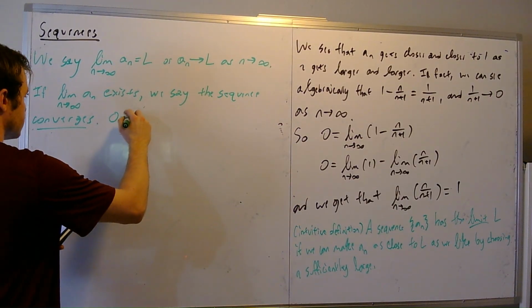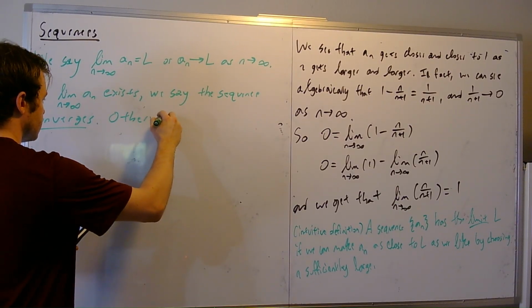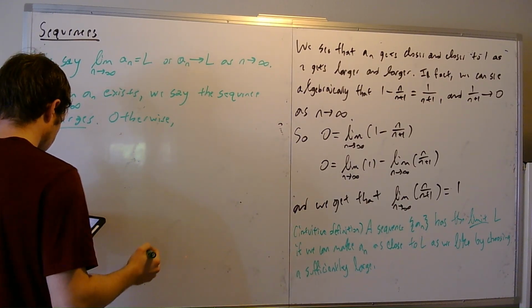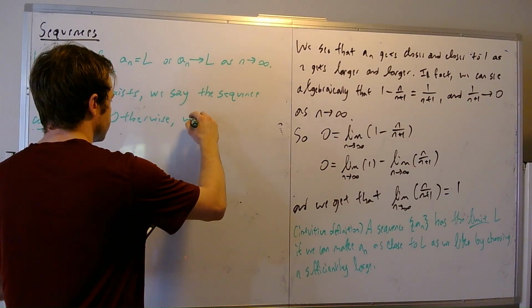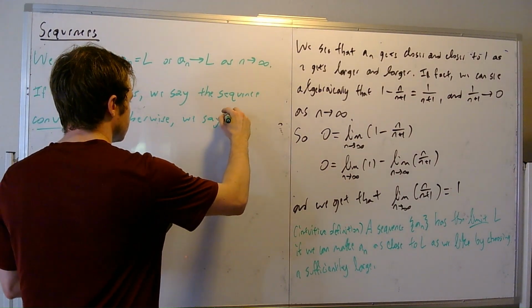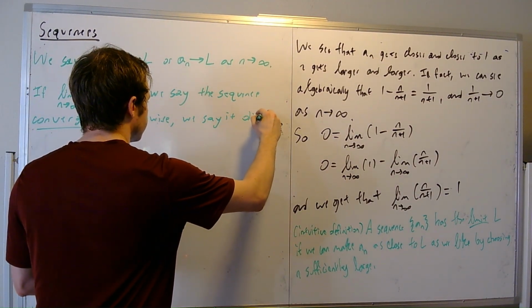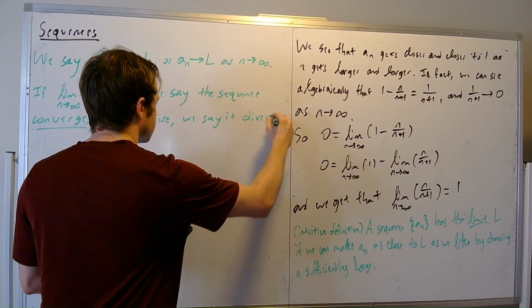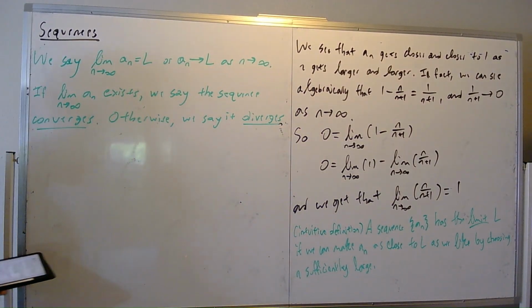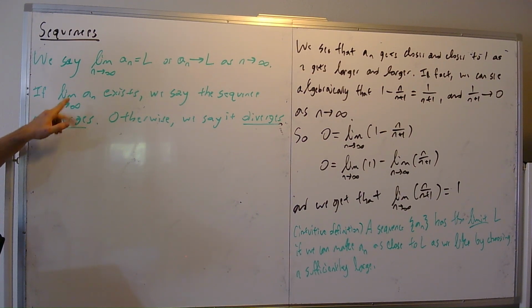Otherwise we say it diverges. Right. So similar to when we were saying that integrals either converge or diverge, we're going to say that a sequence converges if this limit of the entries exists, right?